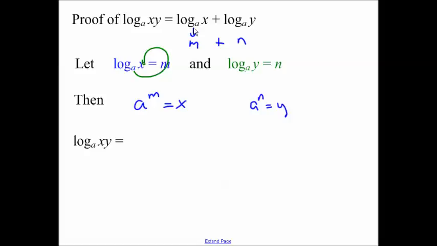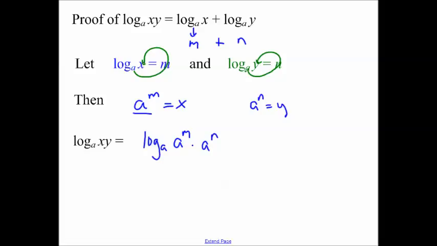The base of my log becomes the base of my exponent to the n equals y. And now if I look at taking x times y, I can multiply those together, and so then this becomes log base a, and instead of writing x, I write a to the m, and instead of writing y, I write a to the n.